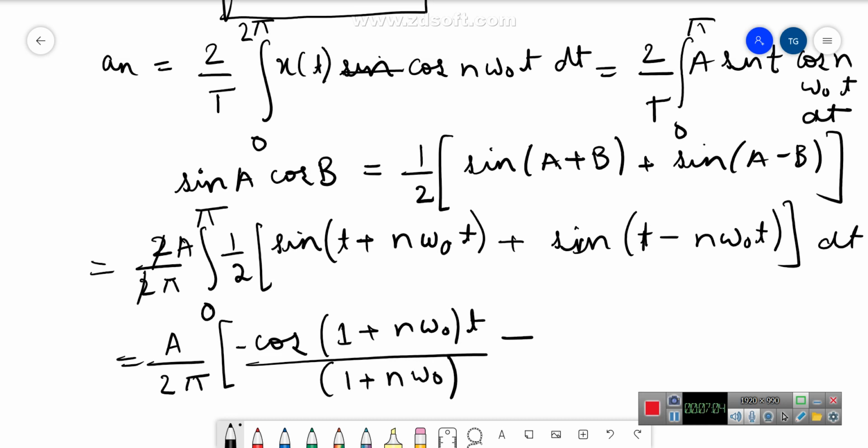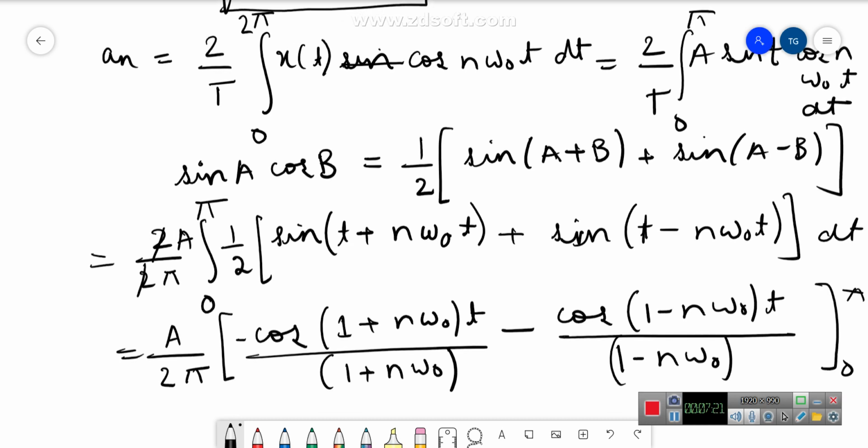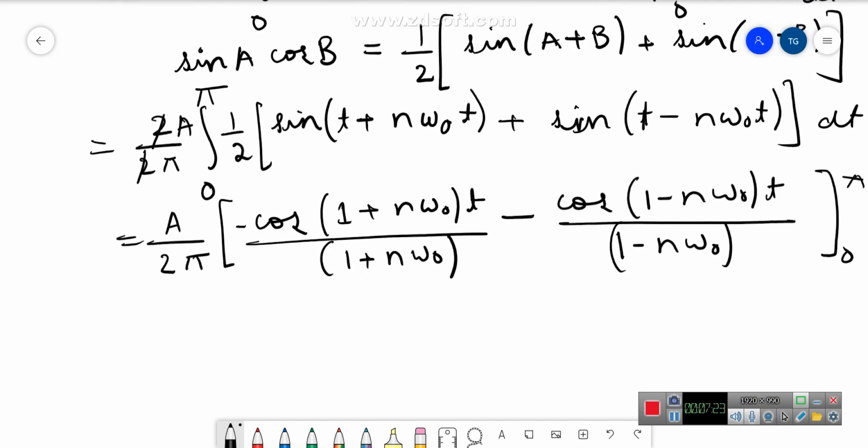And here it will be minus cos of 1 minus n omega naught t upon 1 minus n omega naught, from 0 to pi. So substitute pi and 0 here.